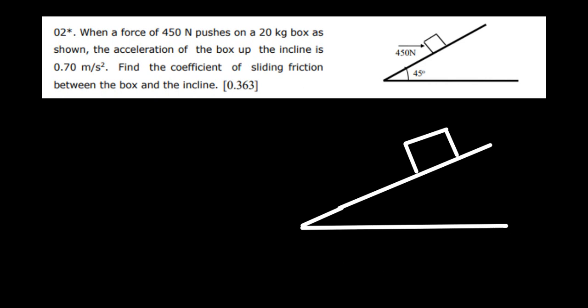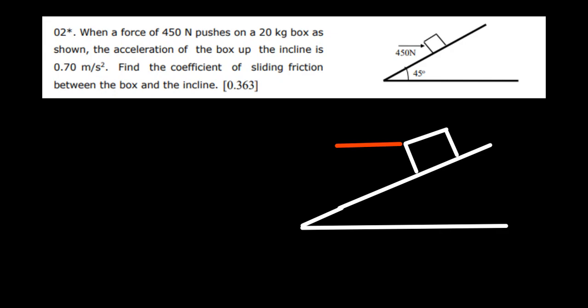What are the forces that are going to be acting on this box? We've been told there is a force in this direction. Now, what forces does this body exert just by itself?